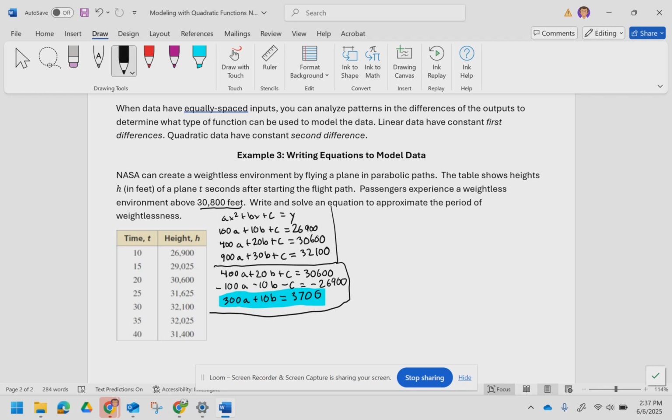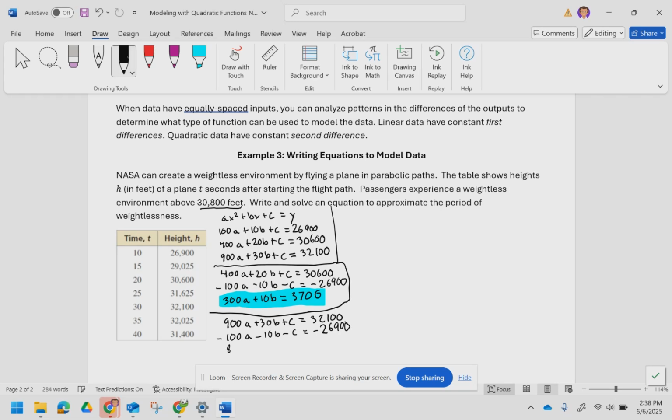Now I'm going to use my first equation and my third equation. So now we'll do 900a plus 30b plus c is equal to 32,100 minus the first equation. So minus 100a minus 10b minus c minus 26,900.